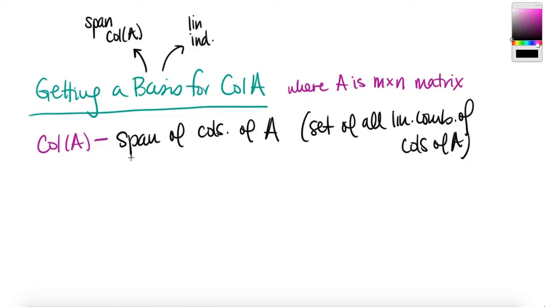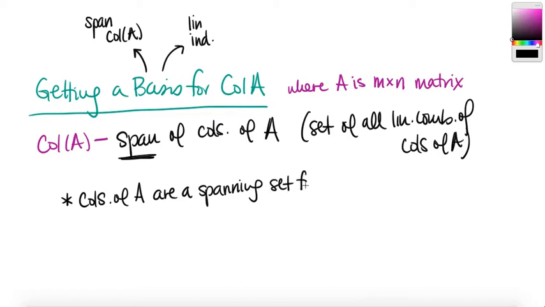So because of the definition of column space, the columns of A are already a spanning set. So all of the columns of A are a spanning set for the column space of A.